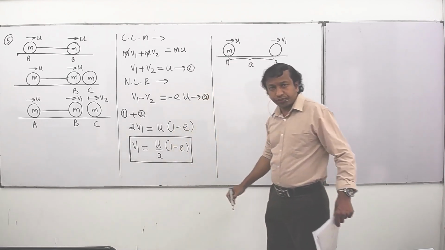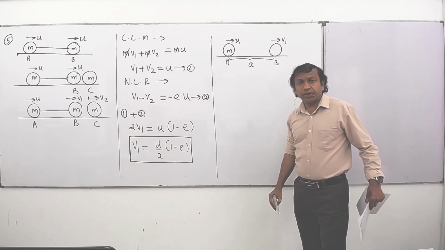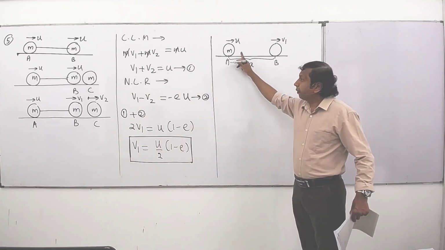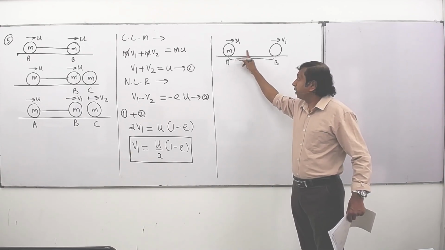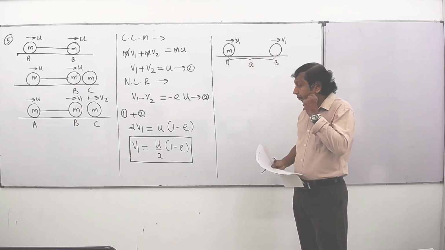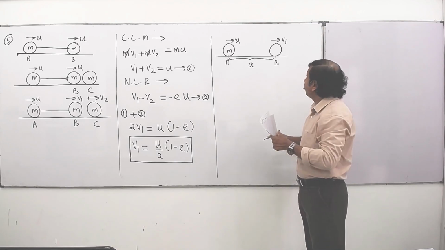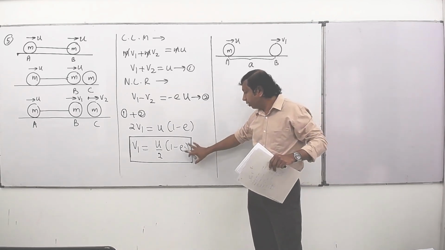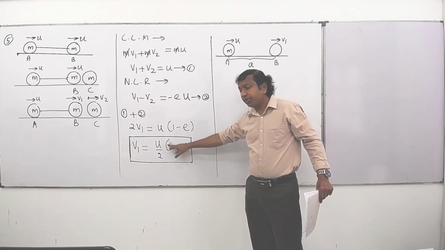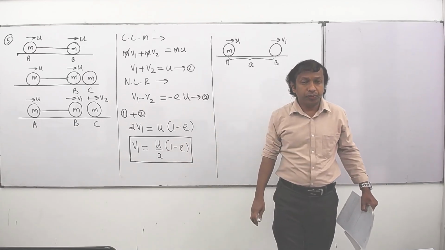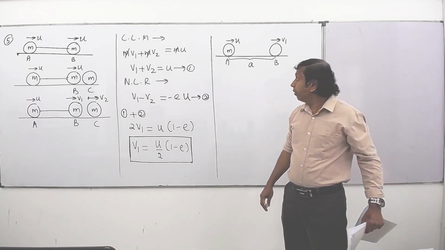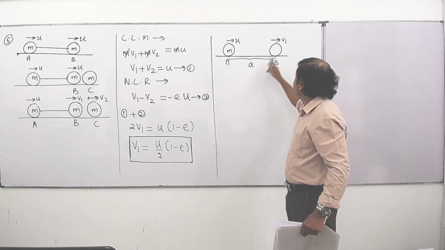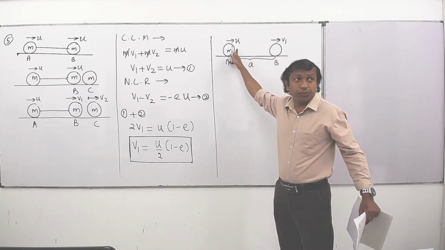Now, we are asked for the time taken by this A to collide with this B. You can see here the v1 velocity given by this. Obviously, this v1 velocity is less than u.